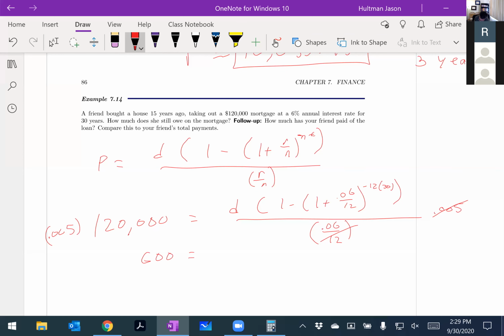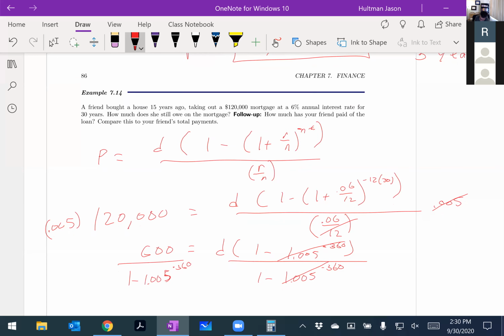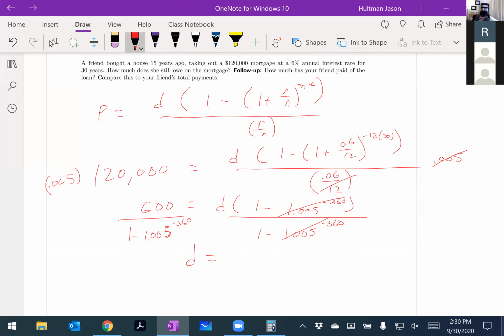So 600 is equal to D times 1 minus 1.005 raised to the negative 360th power. So once again, divide by 1 minus 1.005 to the negative 360th power. And this will give me my payment information, D.